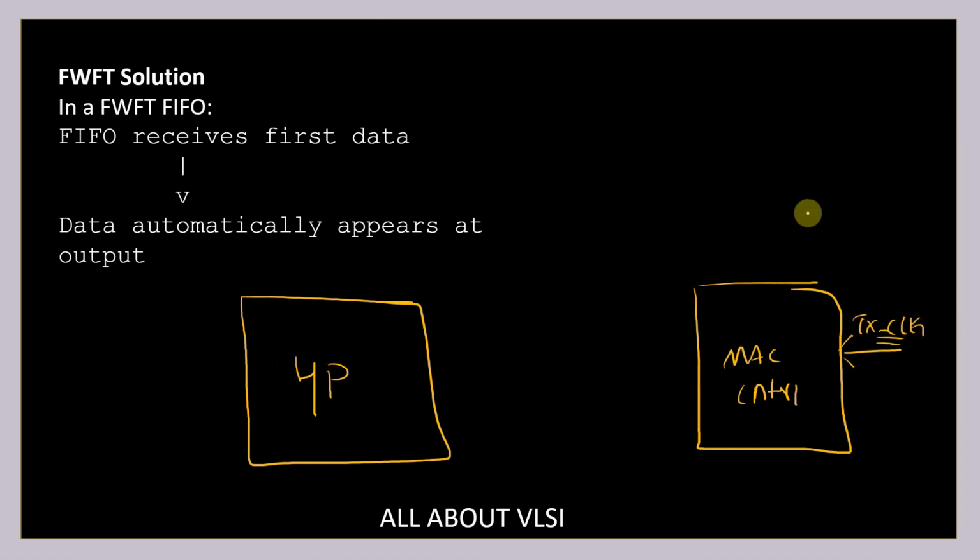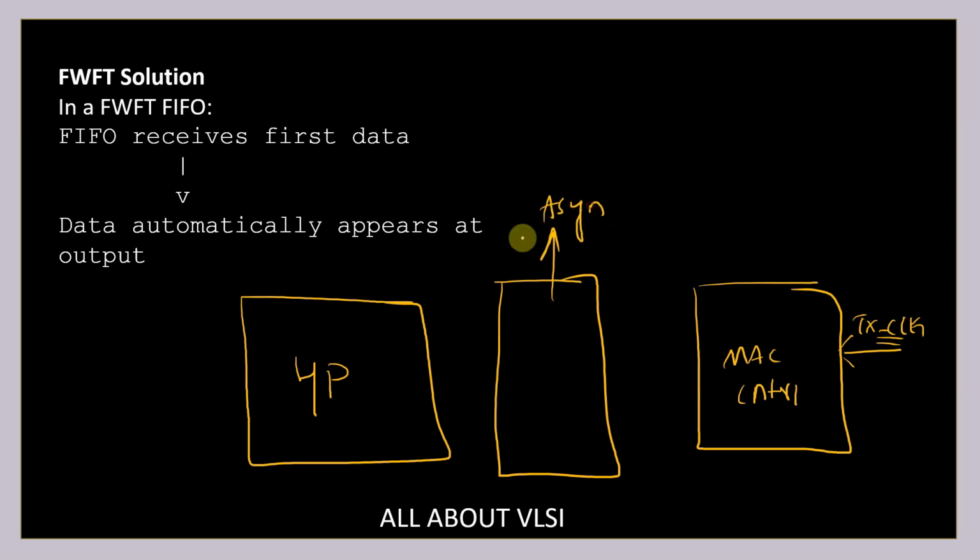We have seen how we get the TX clock. Here we are going to use an asynchronous FIFO. My processor is going to feed the data into this asynchronous FIFO, and the MAC controller is going to retrieve the data from this asynchronous FIFO.